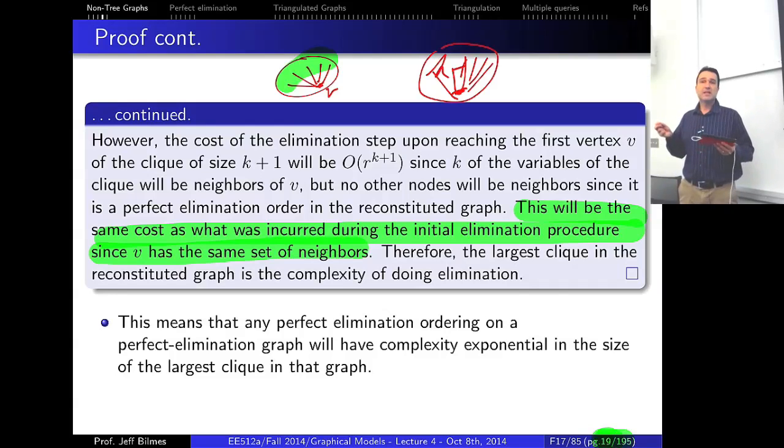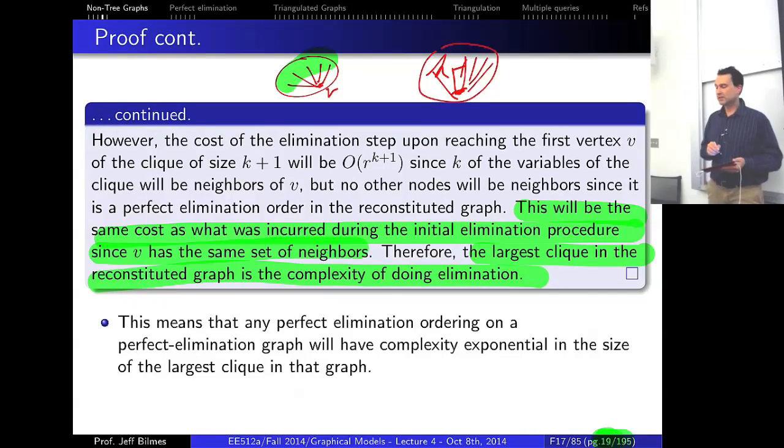That must mean that the number of neighbors of v in the original graph was k, and so that's going to cost k plus 1. But that happens to be the largest clique in the reconstituted graph. So that basically proves the theorem: the largest clique in the reconstituted graph is the complexity of doing elimination.